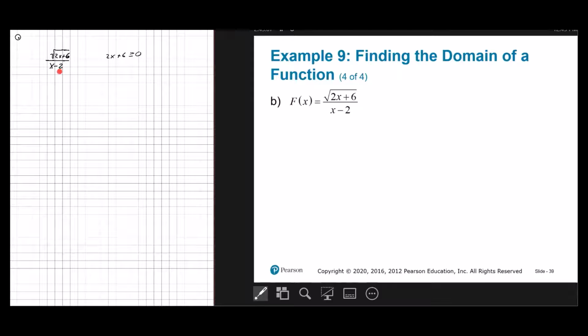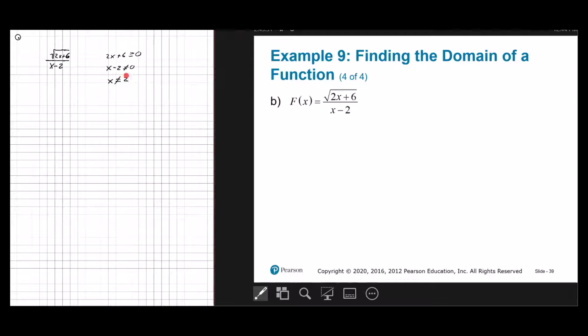And my denominator cannot equal 0. So that means x minus 2 cannot equal 0. The denominator is the easier one to work with, so I add 2 to both sides. So that's telling me x cannot equal 2.